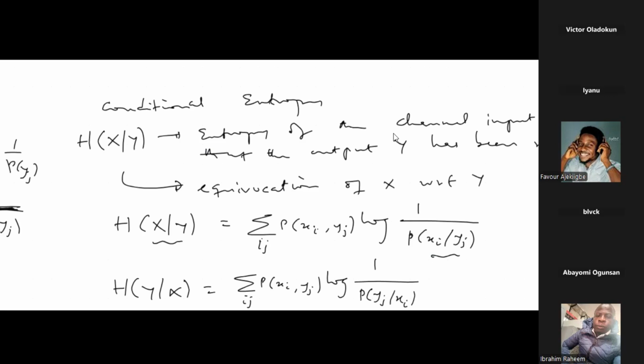So this is the entropy of the output Y given that input X was transmitted.